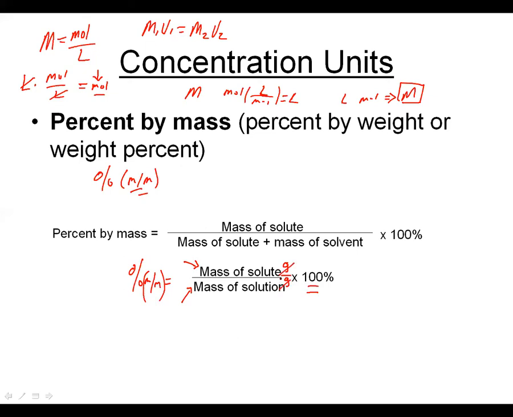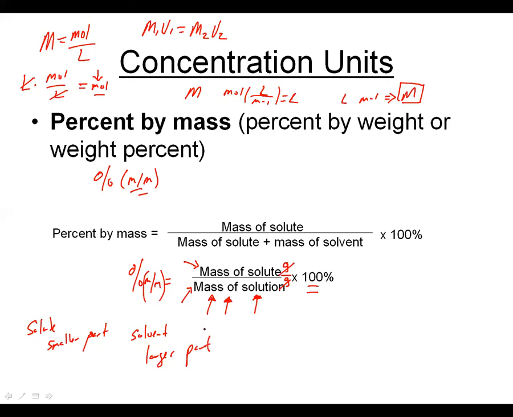Now, the important part of this calculation, and where people mess up a lot, is the bottom part. Remember that when we talked about a solution, it is made up of two things. It's made up of the solute, which is the smaller part of the solution, and it's also made up of the solvent, which is the larger part of the solution.